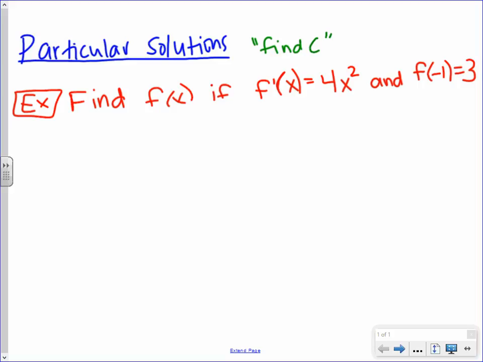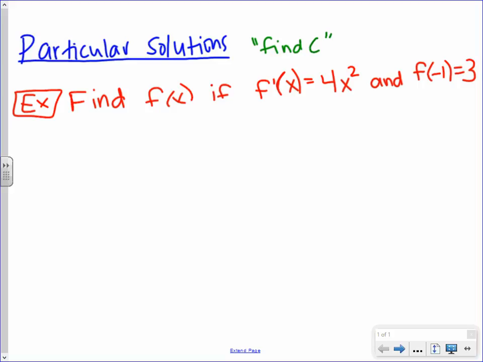I want to know what f of x is if we know the derivative is 4x squared and we know that the function value at -1 is 3. Well, how do we go from f prime to f? How do we go from f to f prime? We take a derivative. So, how do we go from f prime to f?